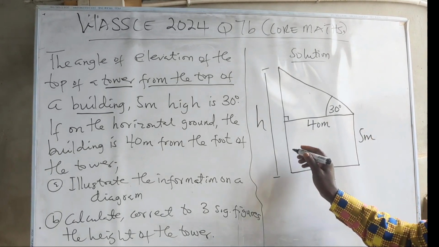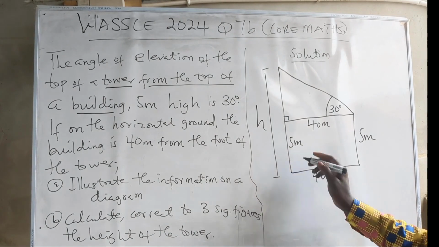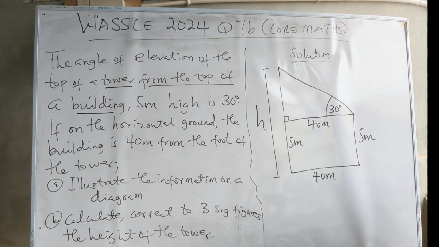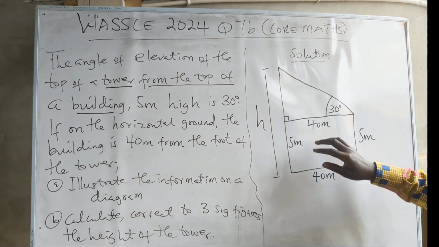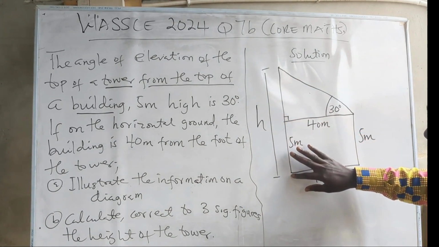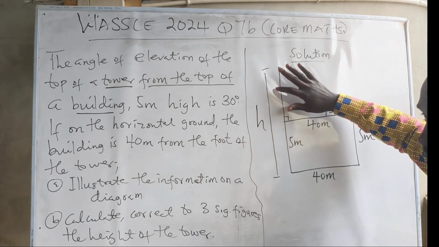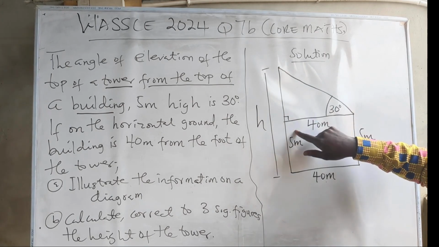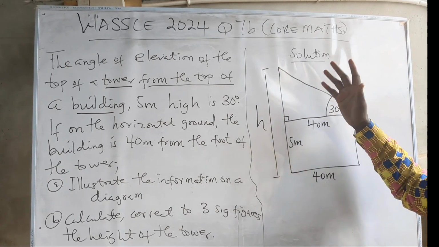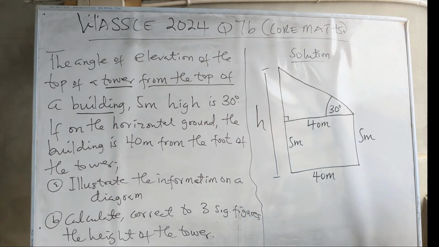And if here is 5, it's a right angle, so here will also be 5. The only place left is here. When we find this from the right-angled triangle, we add it to the 5, and then we get the height of the tower.